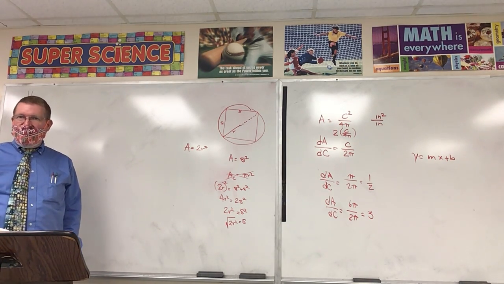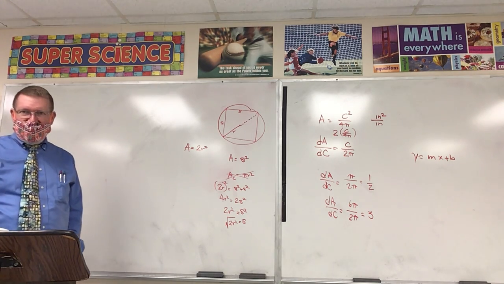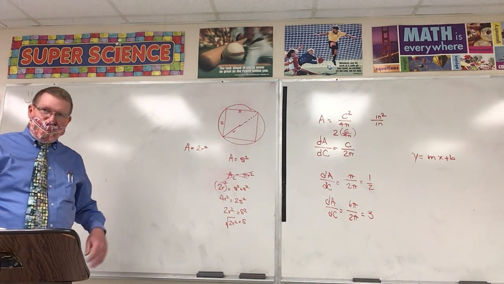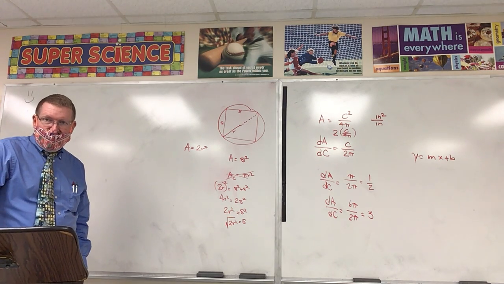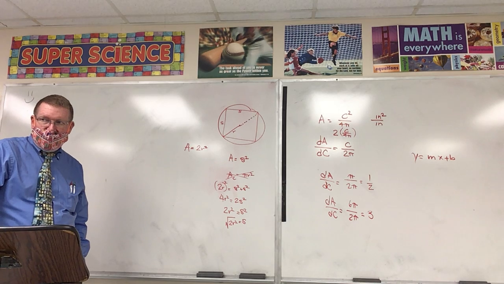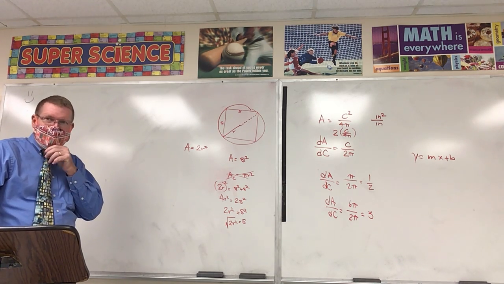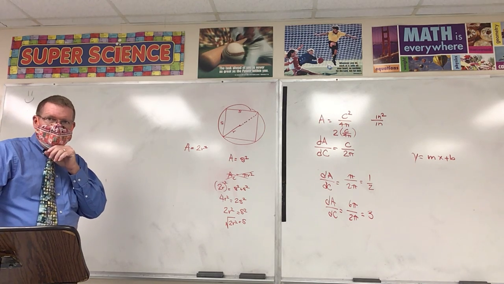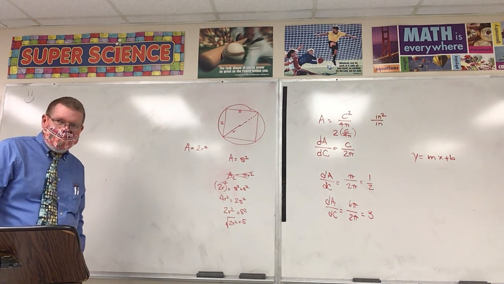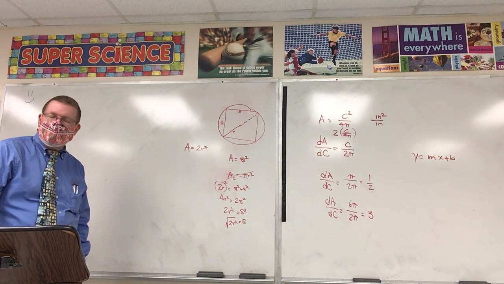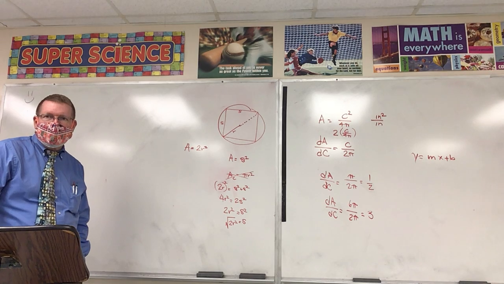If I had a circle with a radius of 5, the area of the square inside that circle would be what? 50. Just put 5 in for r, 50 square units.